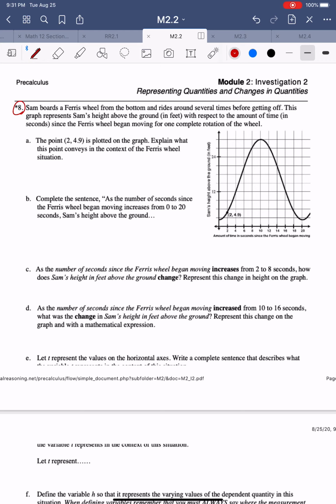So at 0 seconds she was here, because the Ferris wheel must be above the ground, and it can rotate in the air, right?